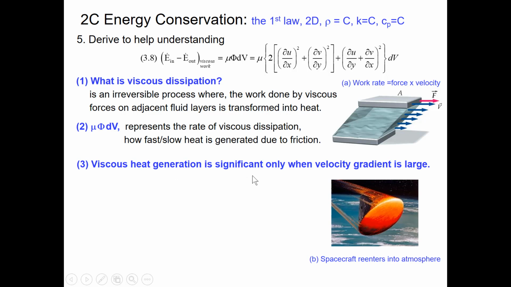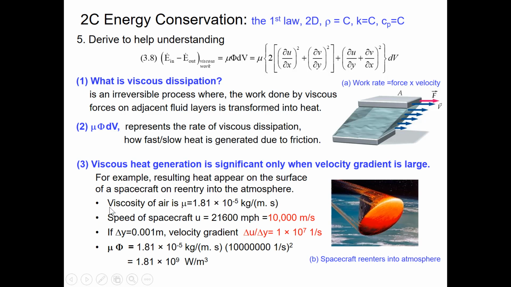Third, however, viscous heat generation is significant only when the velocity gradient is large. But we wonder how large is large. We will use a spacecraft entering into the atmosphere as an example.